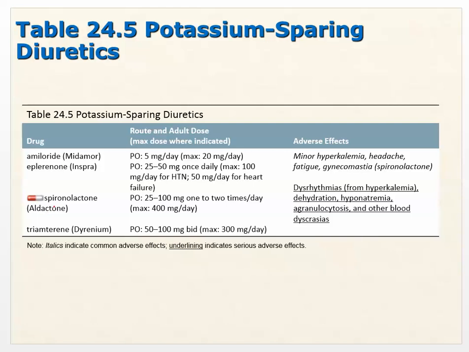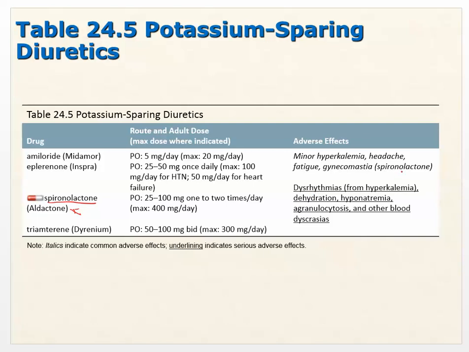Spironolactone, or Aldactone. The generic name is spironolactone, the trade name Aldactone. That's going to be your prototype drug. Adverse effects: minor hyperkalemia. So now, of course, you've got the chance that potassium levels are going to go too high. Headache, fatigue, gynecomastia, especially with spironolactone. That can be a problem.